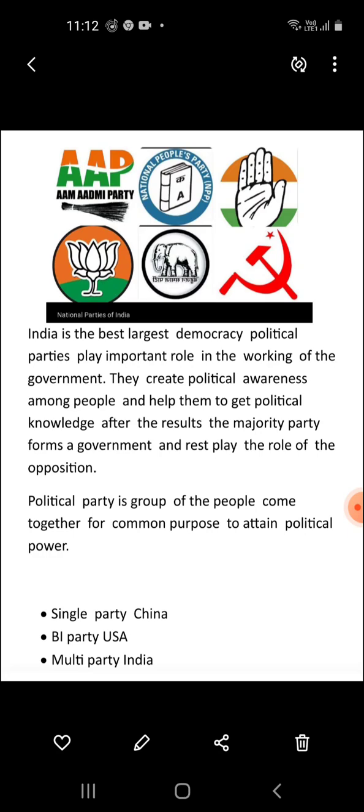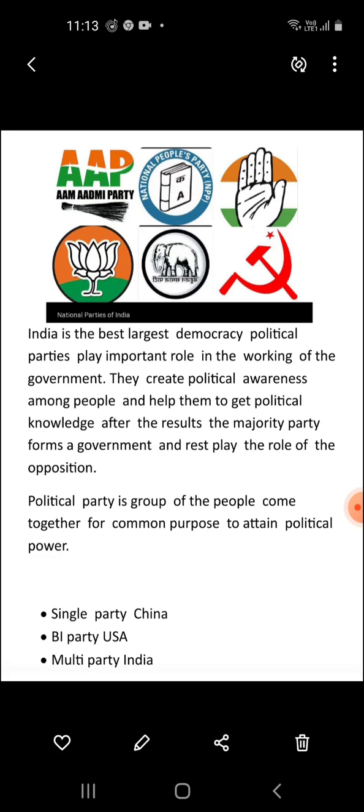Totally, there are 8 factors. I will explain them one by one. First one, caste. Second one, religion. Third one, personality. Fourth one, money. Fifth one, ideology. Sixth one, mass media. Now, these are the factors of the voting behavior.